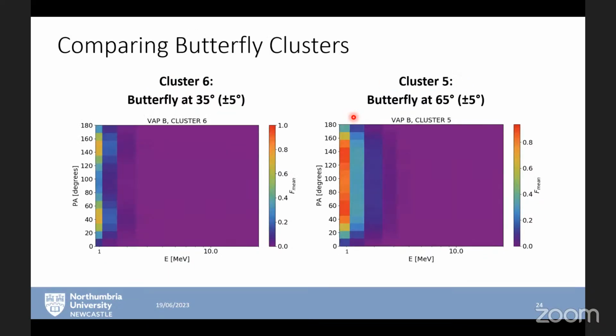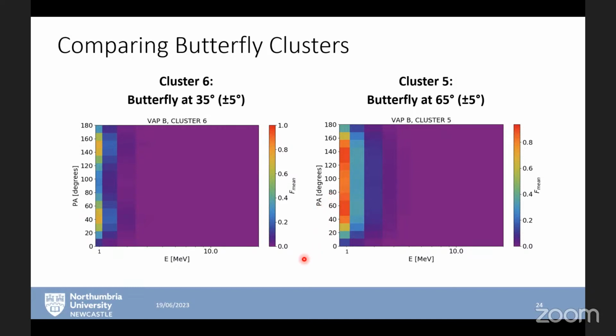When we look at these 2, we can see that they have slightly different pitch angle peaks. So our butterfly cluster that we just looked at has a peak of approximately 35 degrees compared to our butterfly cluster from before, which has a peak at approximately 65 degrees.